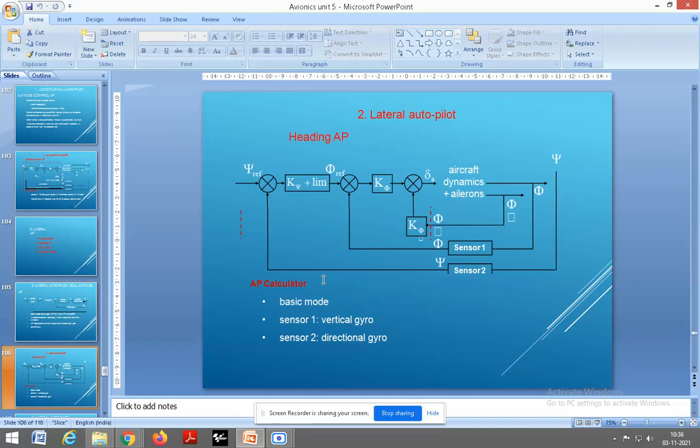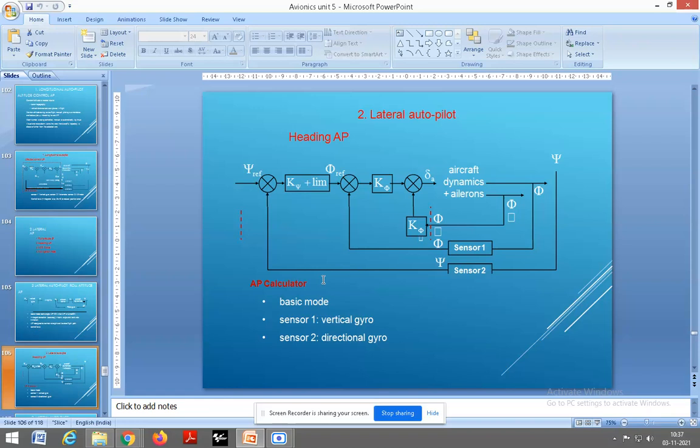Heading AP, the heading autopilot system. Here the autopilot calculator plays an important role. The sensors used here are the vertical gyro and directional gyro, the two types of sensor.